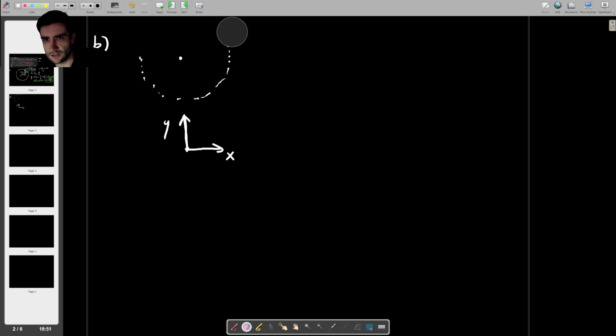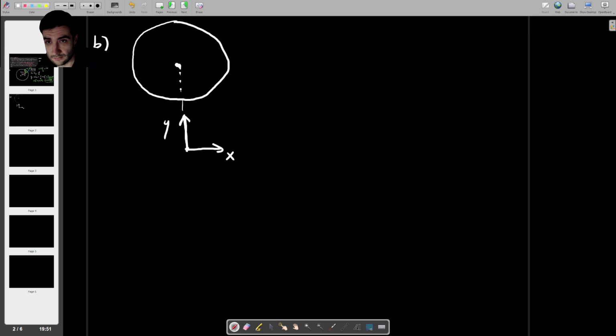Actually, I don't really like how this circle looks, so let me try again. So I have the center of the circle there, and then, okay, this looks a bit worse, but we'll go with it. I'm gonna call this coordinate system x prime, y prime, o prime, like this.